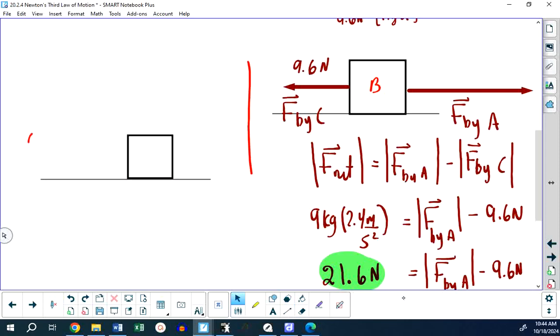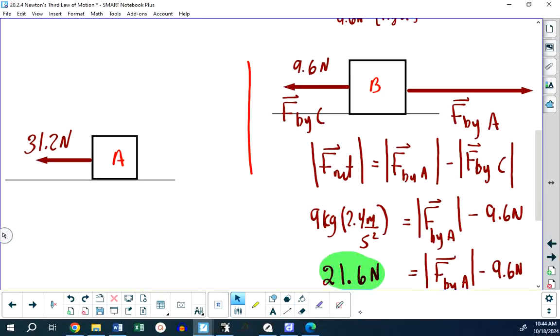So, what are all of the forces acting on box A? Well, there's a force of gravity down, there's a normal force up, they're a wash. Let's not waste our time with them. There is a force on A backwards of 31.2 newtons.